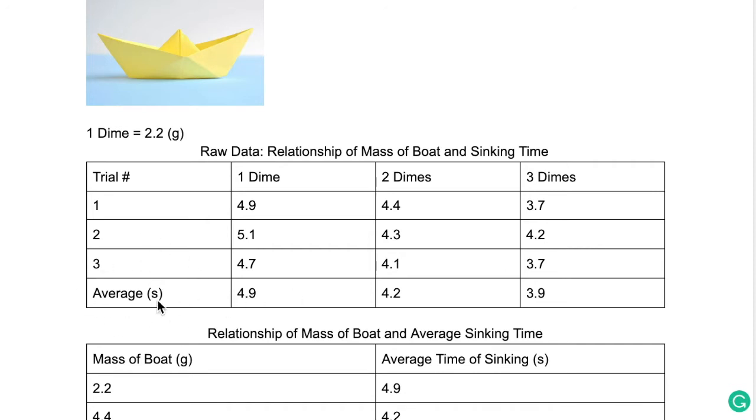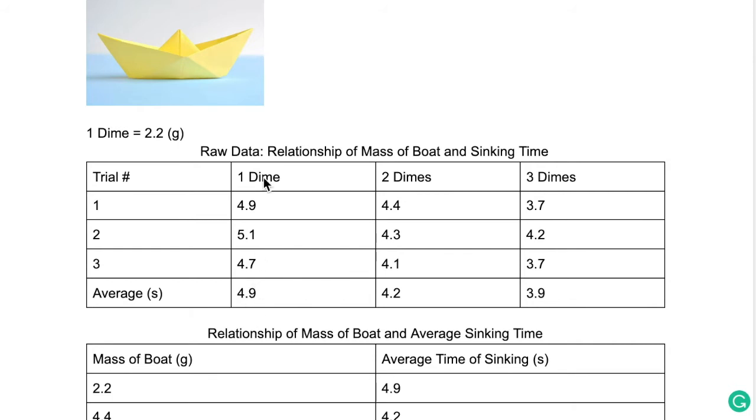And again, this is done the same way, adding for each number of dimes data from trial 1, 2, and 3, and dividing it by 3 because there are 3 trials. So 4.9 plus 5.1 plus 4.7 divided by 3, which would be 4.9. And you also do it to 1 decimal place because all of the other data is also in 1 decimal place.